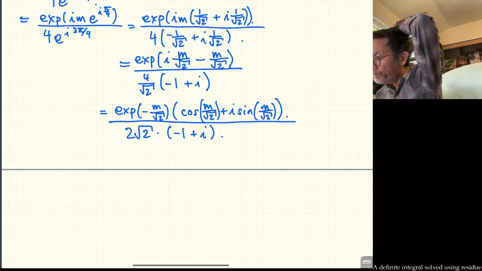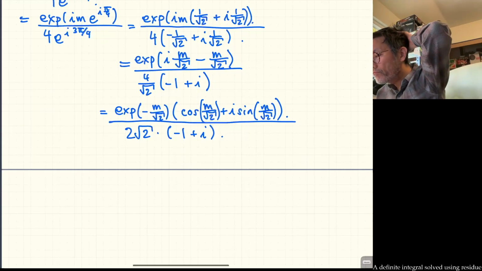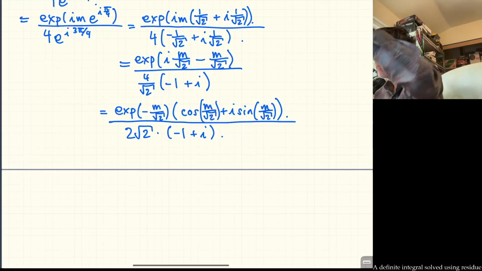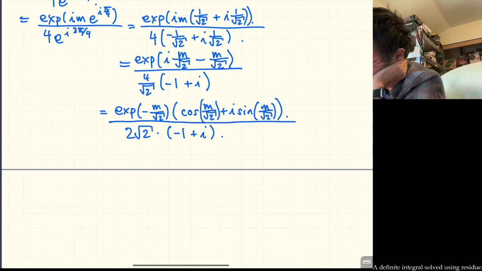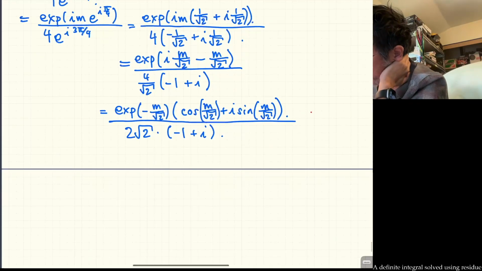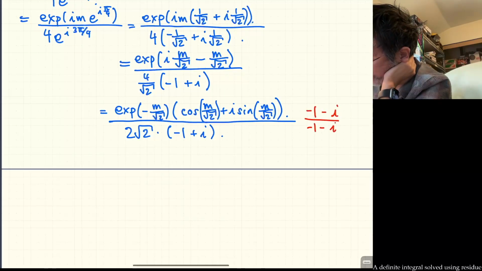Okay. And I should get that negative 1 plus i out of there by multiplying by the conjugate, right? That's the trick. And if I do that, negative 1 plus i times negative 1 minus i is 2.